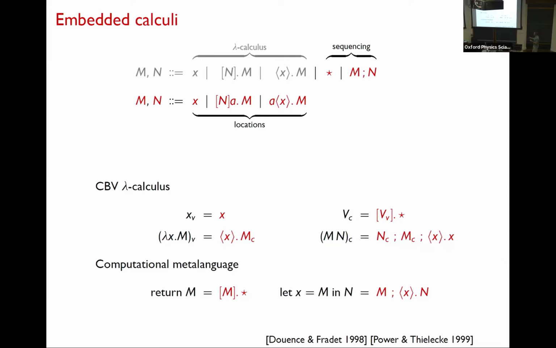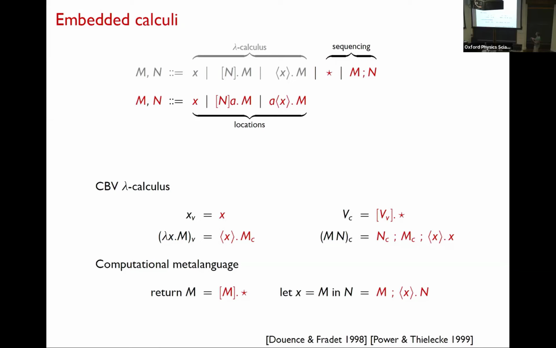So we evaluate M until it returns, and then we continue by popping the result and continuing as that. So we get a nice, simple operational interpretation of the computational meta language, and the call by push value constructs follow this same pattern.